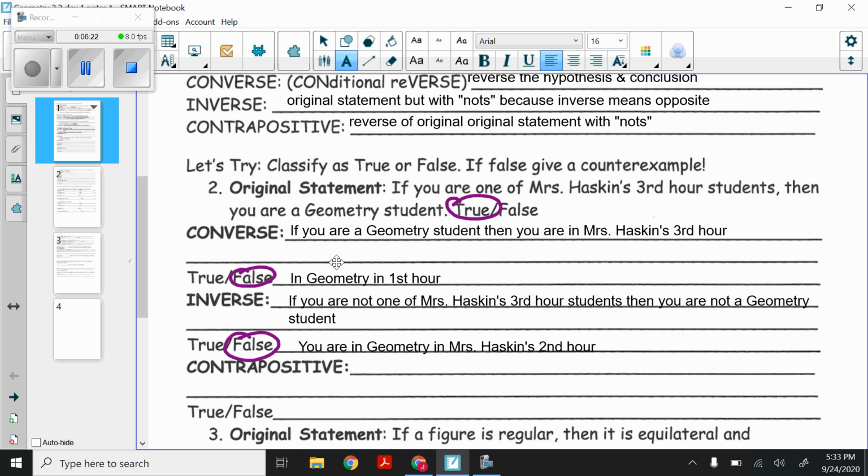So the contrapositive takes the converse and puts nots. So if you are not a geometry student, then you are not in Ms. Haskins' third hour class.